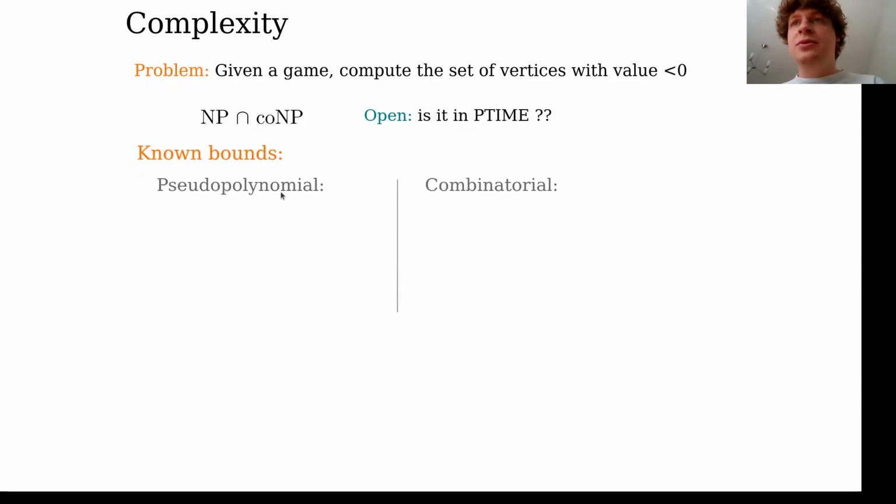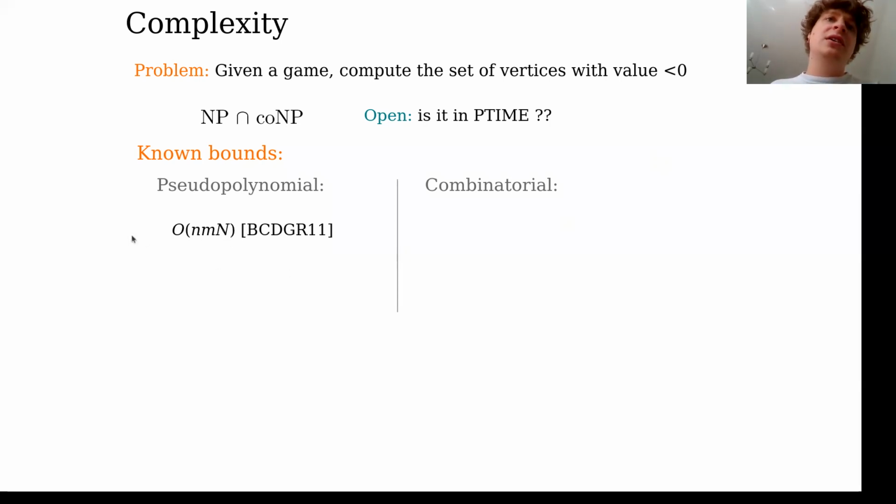There are two types of bounds for Mean-Payoff games. We have known for a while, like 20 or 25 years, that these games can be solved in pseudo-polynomial time. And there are also some combinatorial bounds. So these are kind of two sides. The best pseudo-polynomial bound now is this one: number of vertices times number of edges times largest value of the weight.